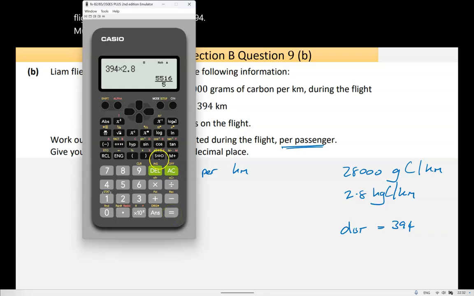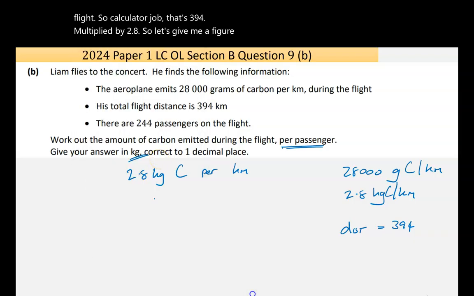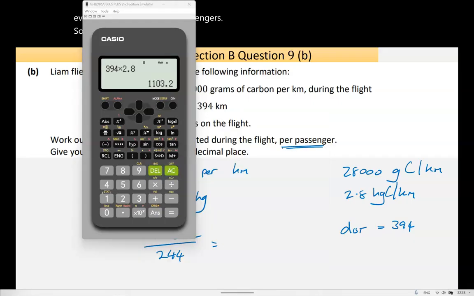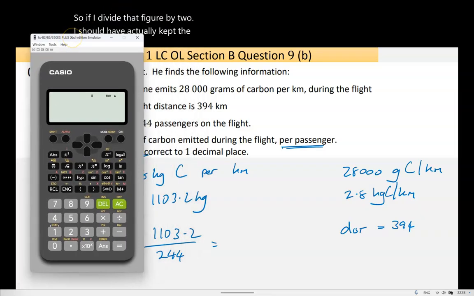That's giving me a figure of 1103.2 kilograms. Now that's from everybody, but there's 244 passengers. So I should divide that figure, 1103.2, by 244.